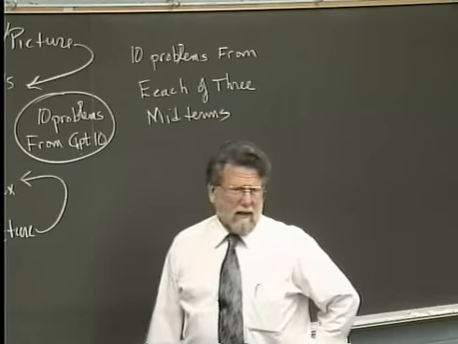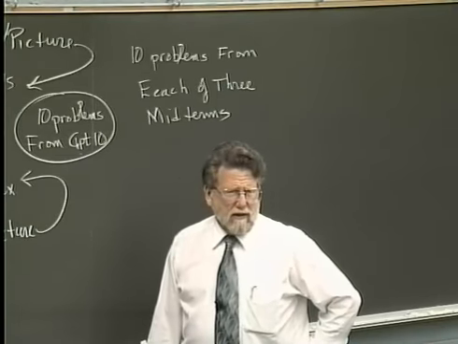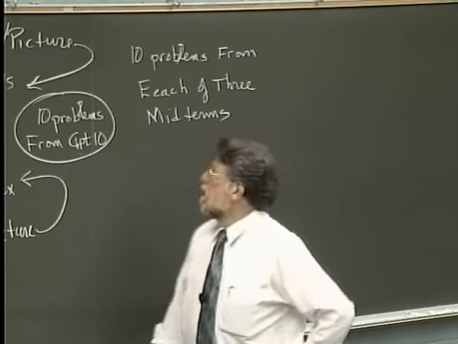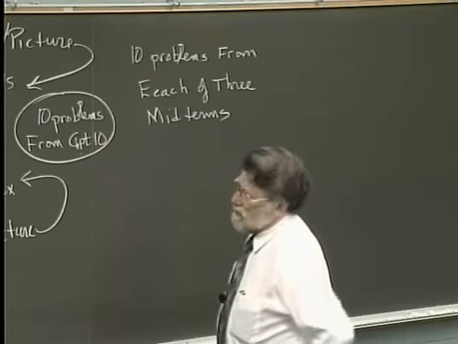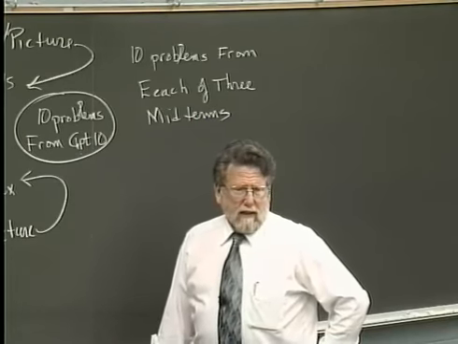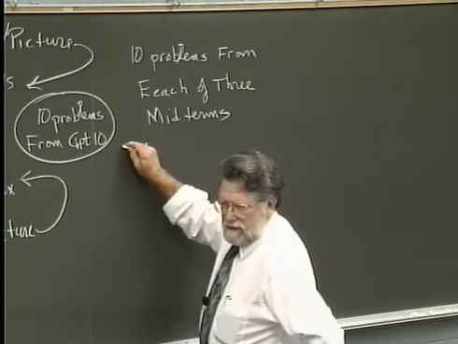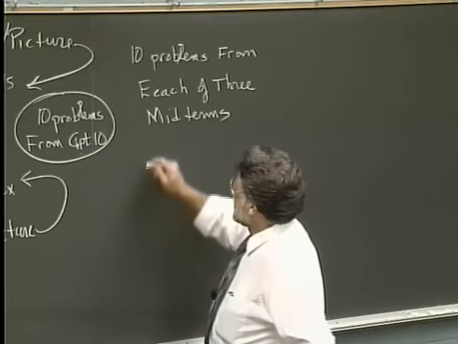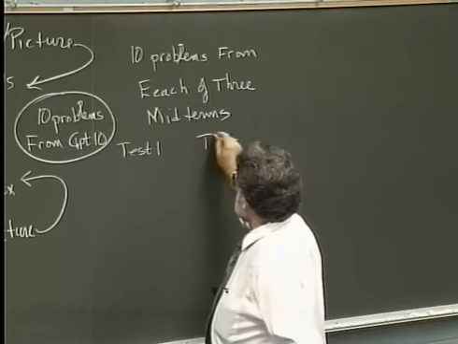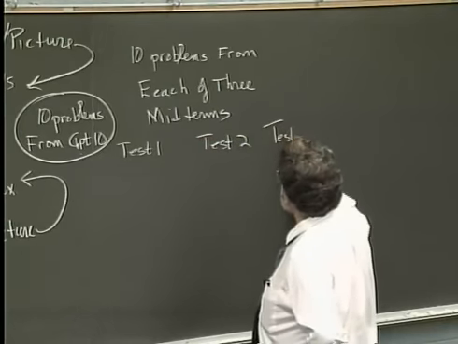Now, I may cut that back a little bit, but thinking of a 40-question test in 2 hours, I might cut it back to 35 or something, but I would certainly look at 10 problems from each of the 3 midterms. Okay, so let's see if we can break this out by each test. So test 1, test 2, and test 3.